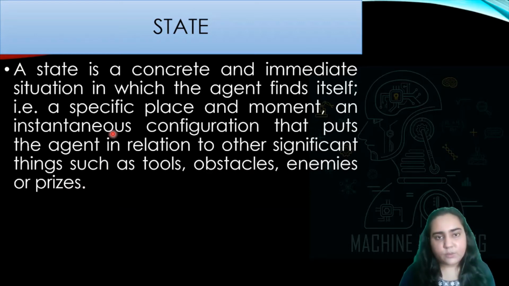So the situation of the agent at the moment is known as the state. It could be a time related state, it could be a place related state. It would help you to correlate that with tools and obstacles, enemies, and prizes of that particular agent.